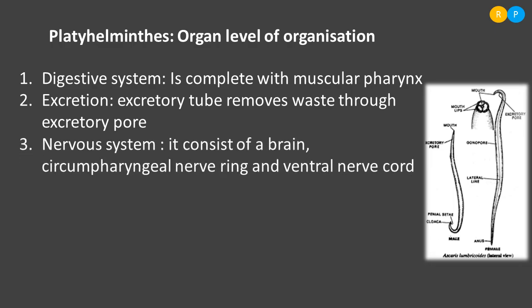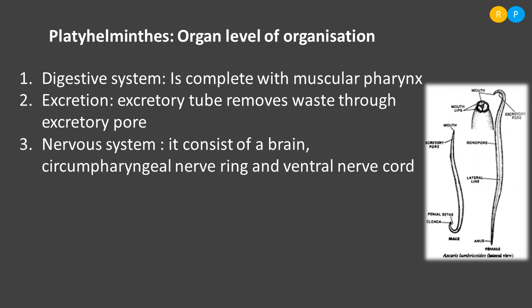Then if you come to the nervous system, the nervous system is also primitive, like in the Platyhelminthes. So here we can see the circumpharyngeal nerve ring. The brain is present, that means the cerebral ganglia are present. The cerebral ganglia are connected with the circumpharyngeal nerve ring, and on the ventral surface we can see a pair of nerve cords, same as we have seen in the Platyhelminthes.